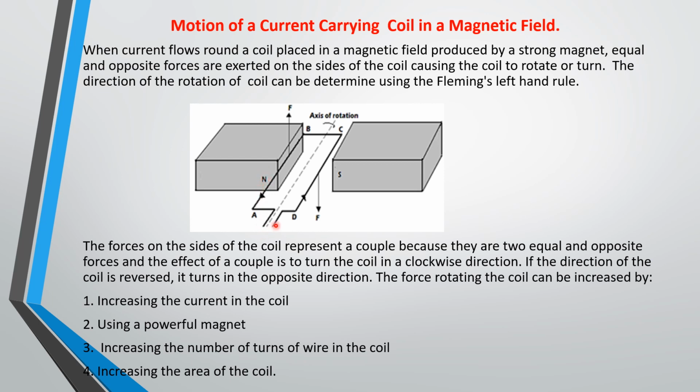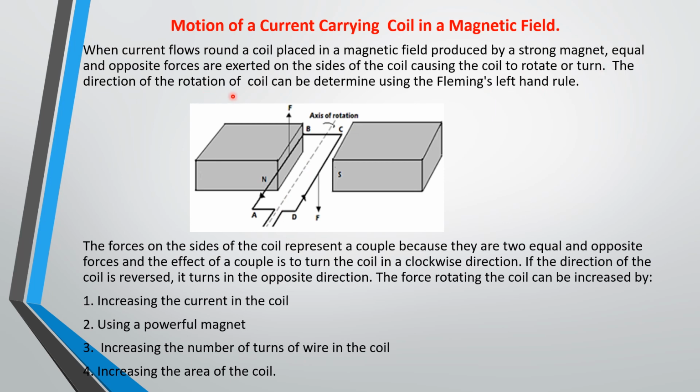If current flows through this coil that is placed in this magnetic field produced by a strong magnet, assuming these two magnets are very strong, and this is a coil placed in between them, and current is flowing through this coil, an equal and opposite force is exerted on the sides of this particular coil, that is, sides AB and CD.